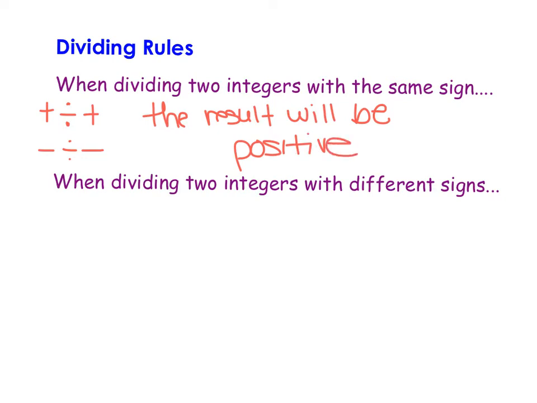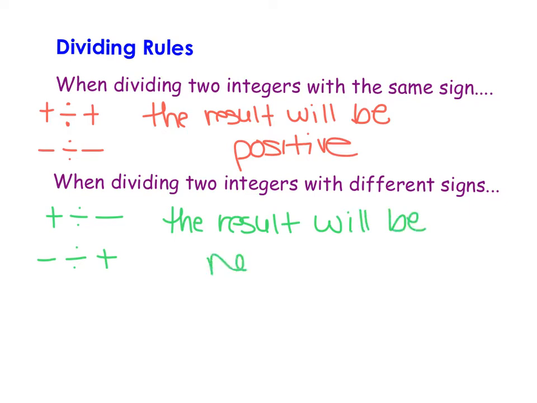And on the flip side, if we're dividing two integers with different signs, so say it's a positive divided by a negative, or a negative divided by a positive, the result will be negative.